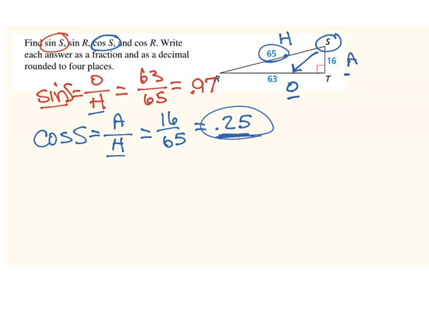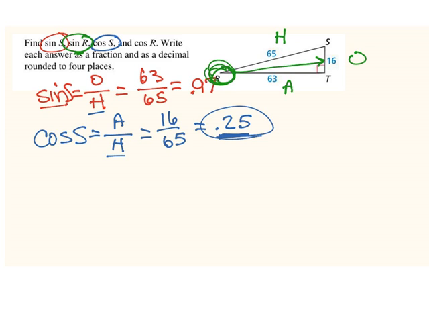So now I'm going to erase this, and I'm going to now do the sine of R. So again, R is over here. So the opposite is way over here. The hypotenuse is still the hypotenuse. And that means this side is our adjacent in relation to R. That is the number one thing you have to think about, is where's my angle that I'm asking about.